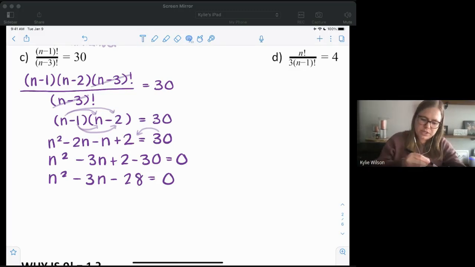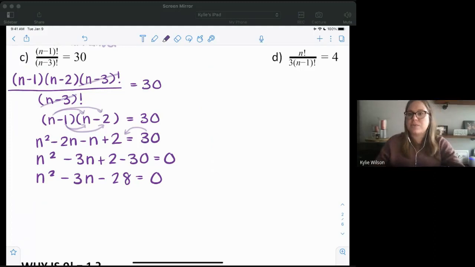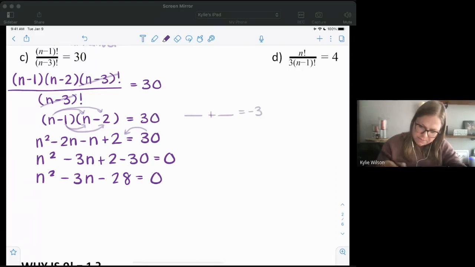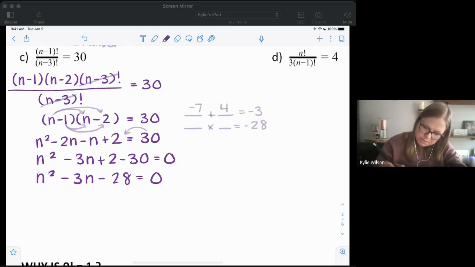Next thing we want to do is factor. We want to find two numbers that multiply to the last number and add to the middle number. Those numbers will be -7 and 4.